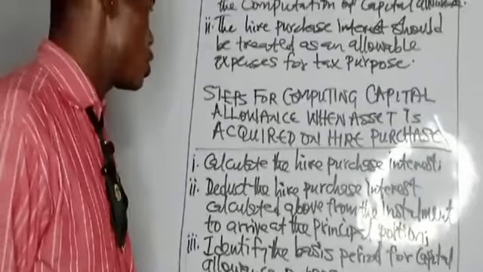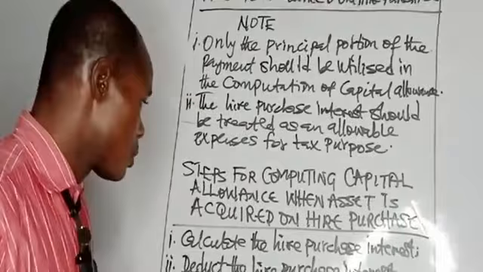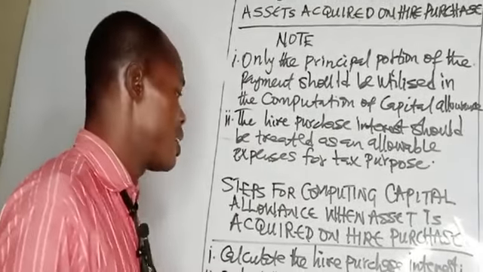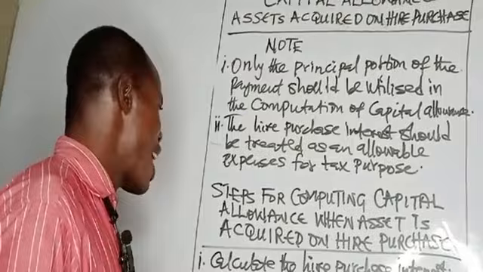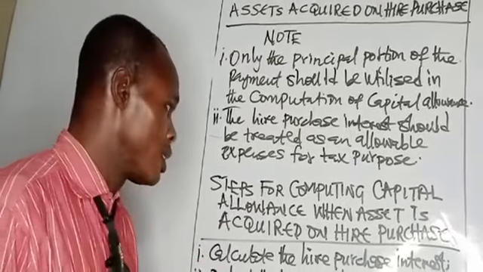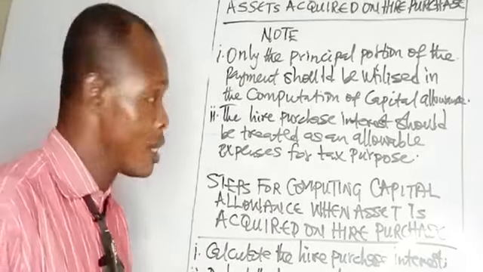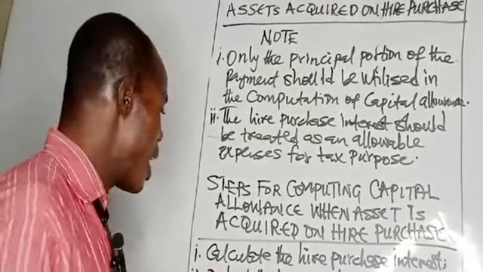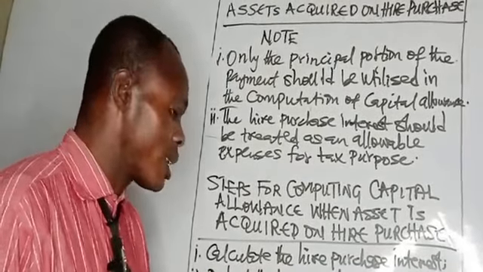These are the steps you will need to follow in computing the capital allowance where assets are acquired on hire purchase. I want to explain how to calculate the hire purchase interest.